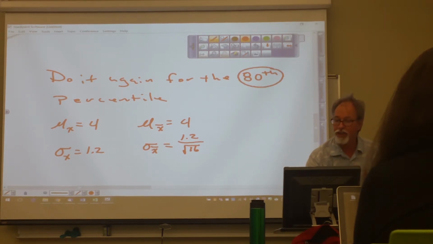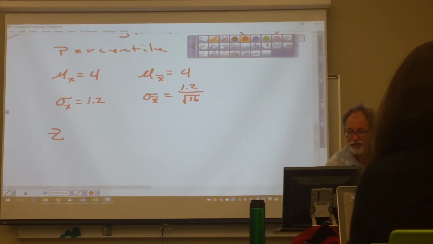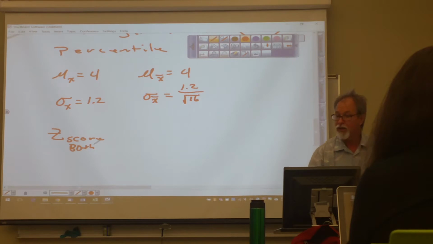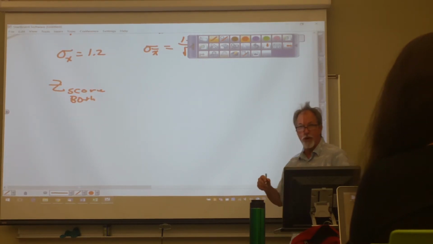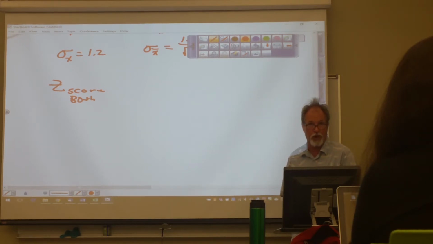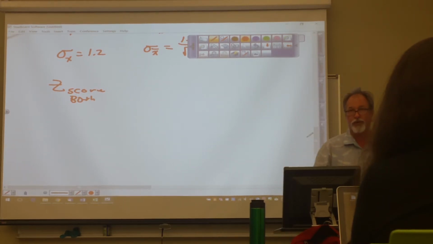If I want the 80th percentile, I have to find the z-score for the 80th percentile. Now again, most of the time when we start doing these, we're not going to find the exact value that we want. So we're going to have to make some adjustments.